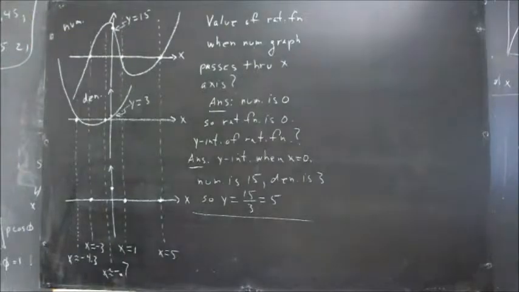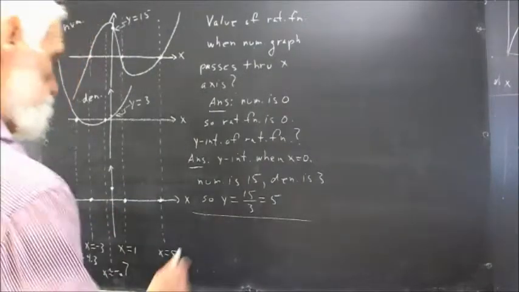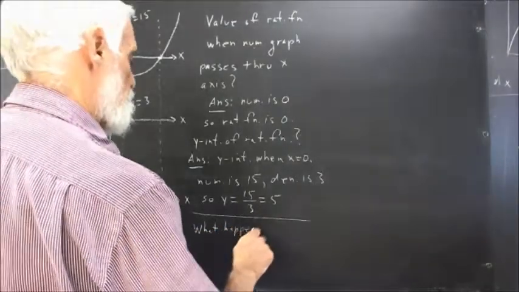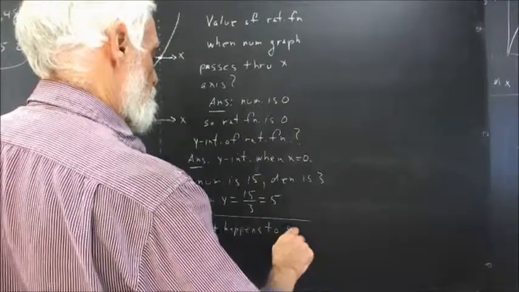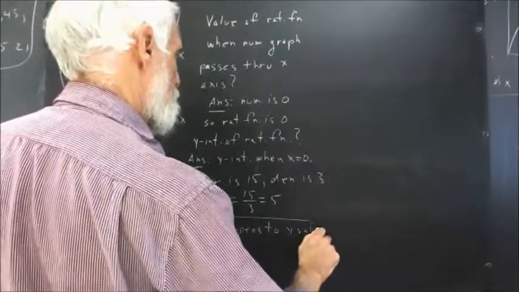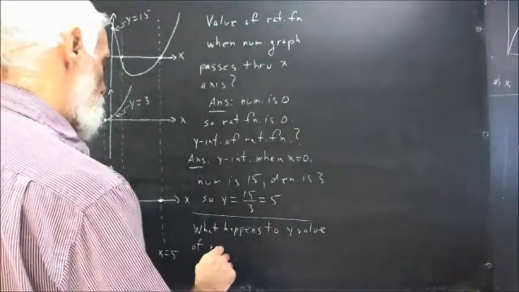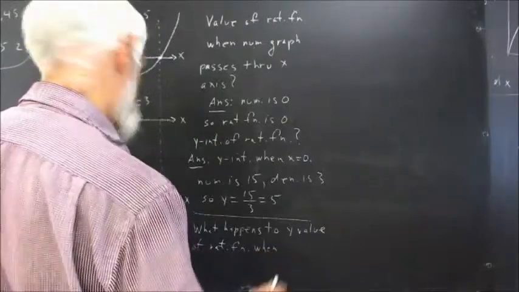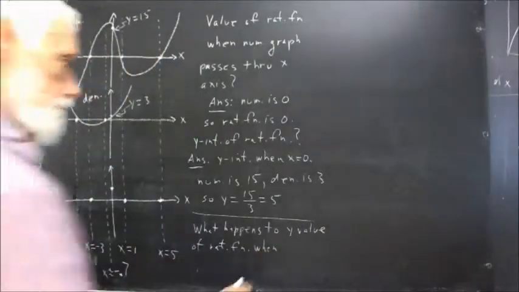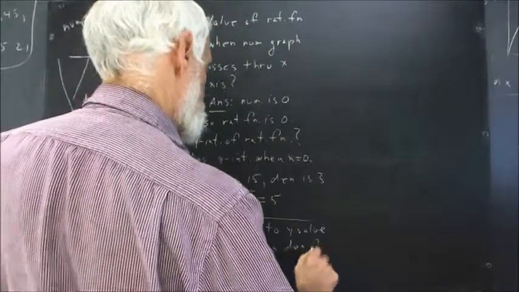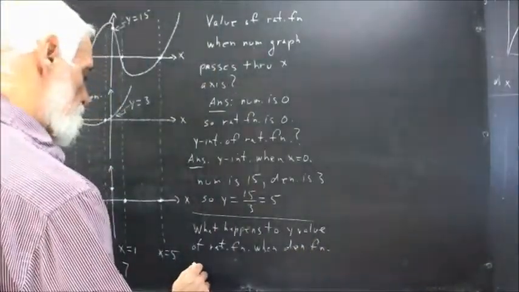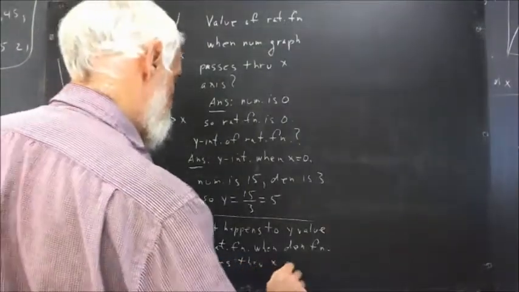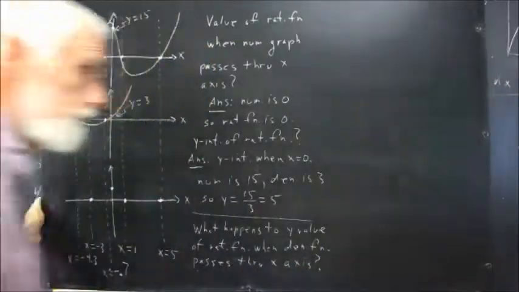Now, what happens to the y value of the rational function when the denominator function passes through the x-axis?